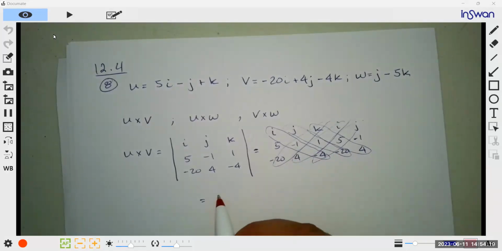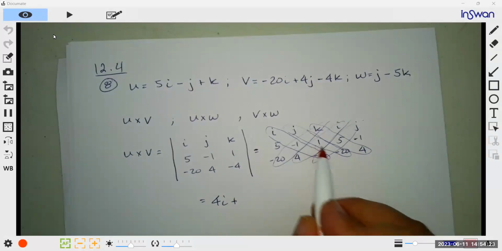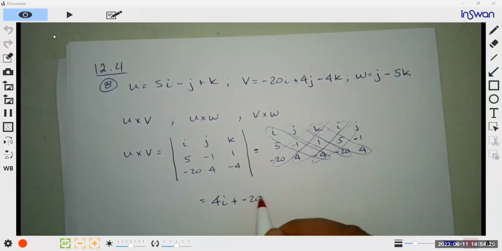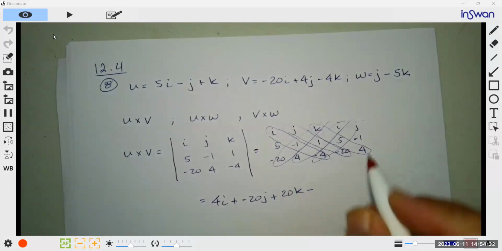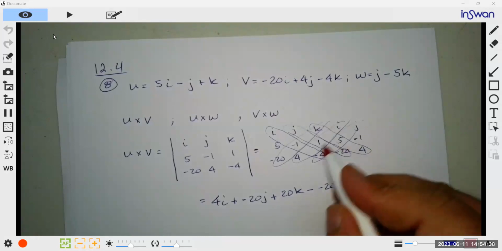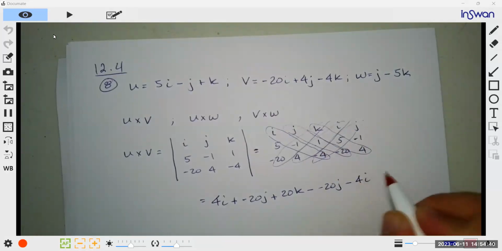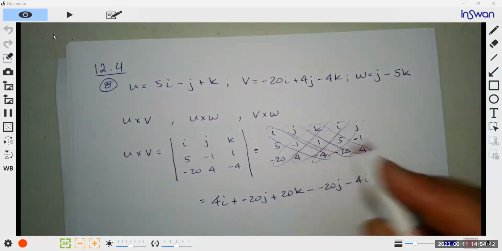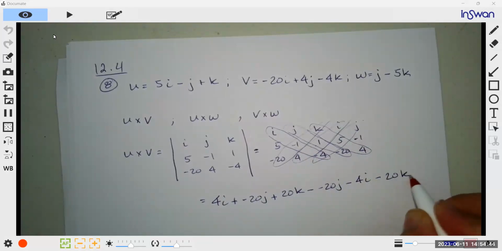Negative 1 times negative 4 is 4i. Plus 1 times negative 20 is negative 20j plus 20k. Minus 5 times 4 is negative 20j minus 4i minus 20k.